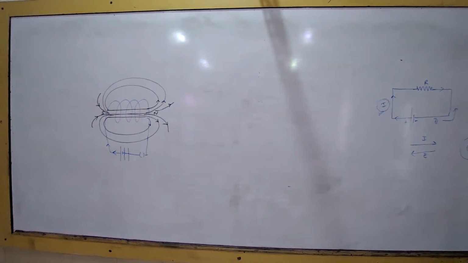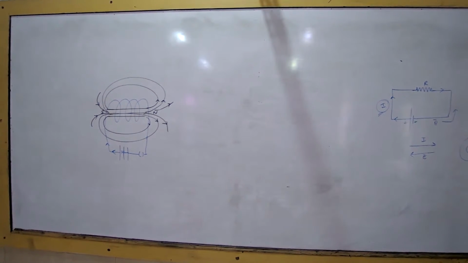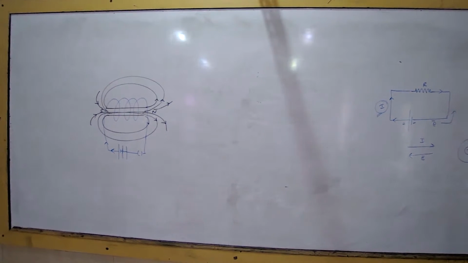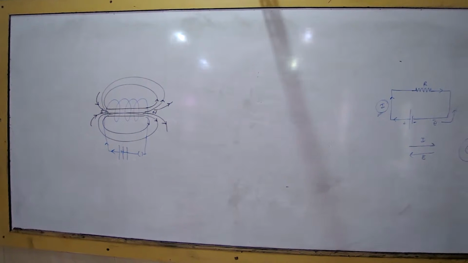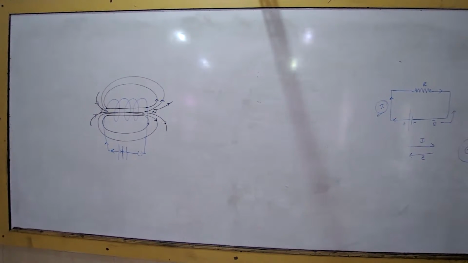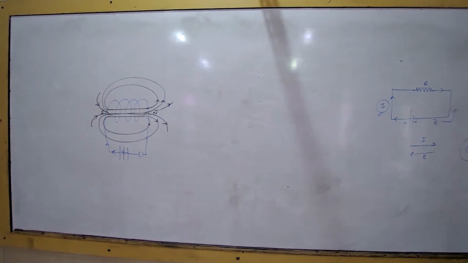They are perpendicular. Yes. When the direction of the magnetic field and the direction of the current are perpendicular to each other, then the force experienced is going to be the maximum. Write it down properly.